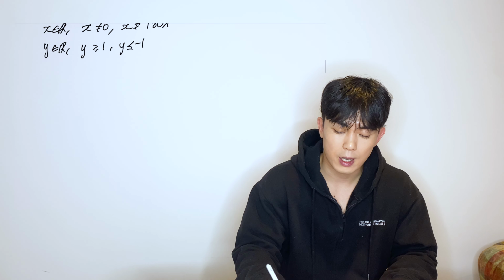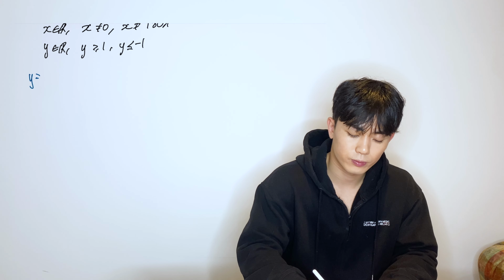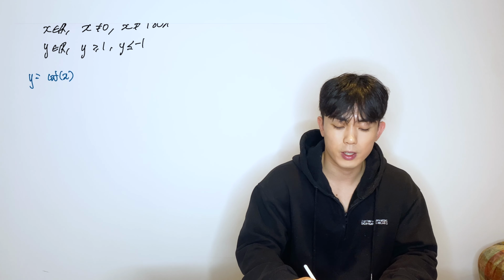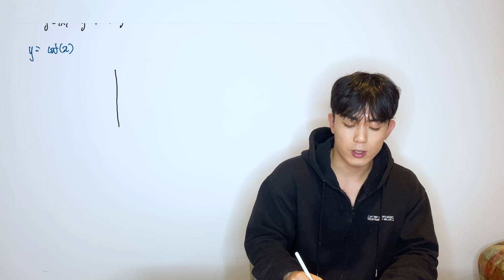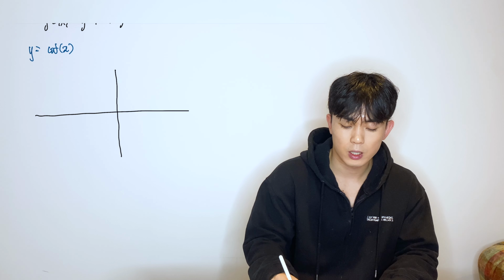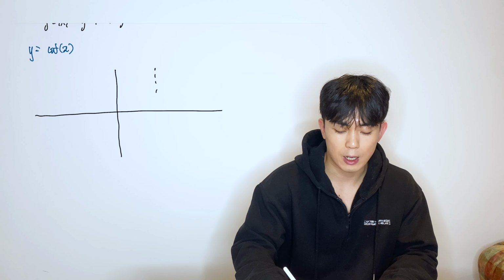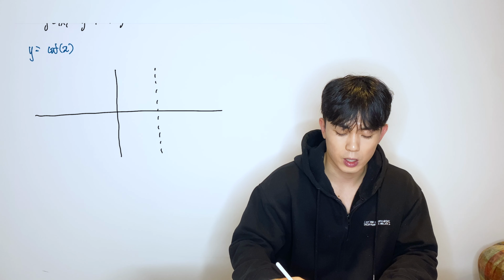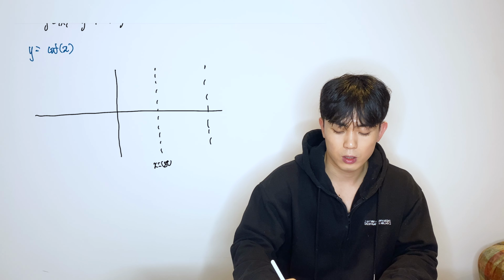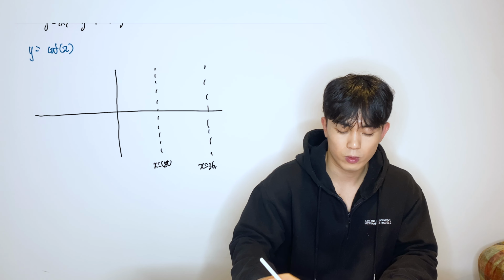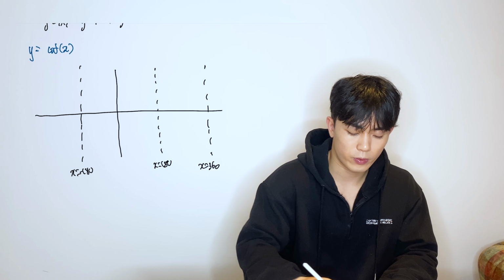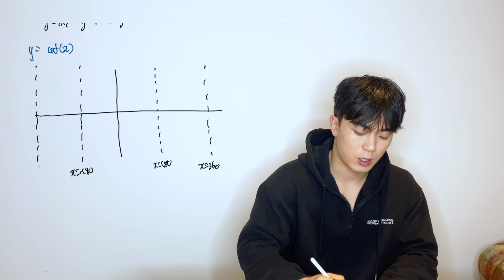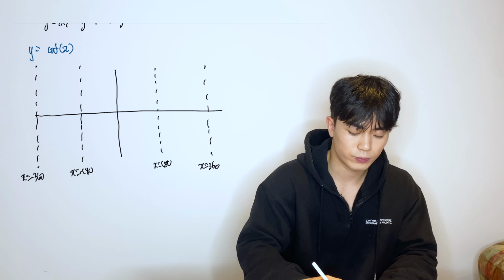Lastly now, we need to sketch the cot graph. For cot, it's 1 over tan, but the way I like to do it is I like to sketch my asymptotes first. So these asymptotes are always going to be multiples of 180. So it's x is 180, x is 360, x is -180, and x is -360.